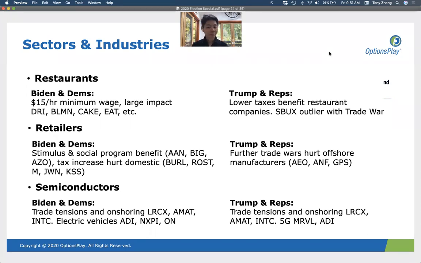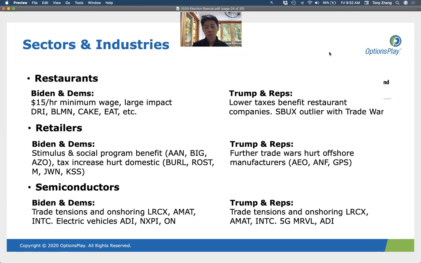On the Trump side, unfortunately, the trade wars will likely have a larger impact, specifically on names that do a lot of their manufacturing overseas in China. If we look at American Eagle, Abercrombie and Fitch, Gap, these are names that have a large amount of offshore manufacturing on their books. This is where we see the largest net negative exposure for retailers.